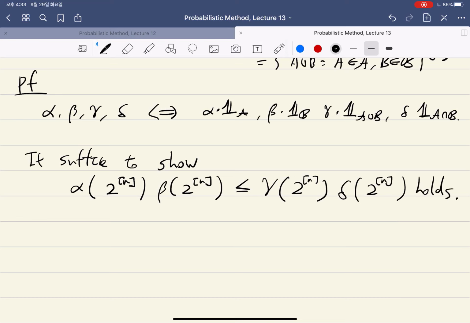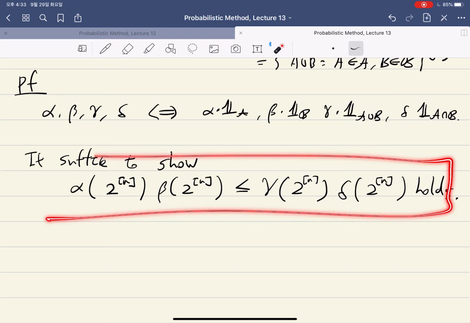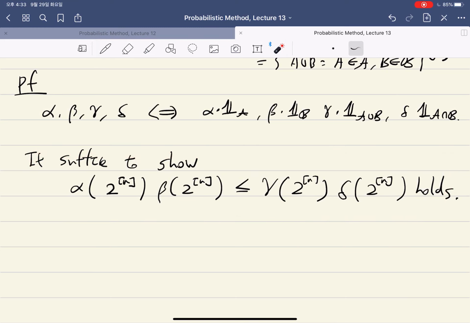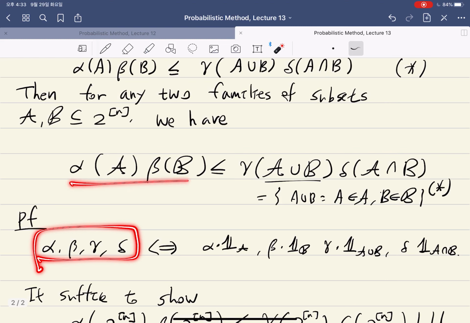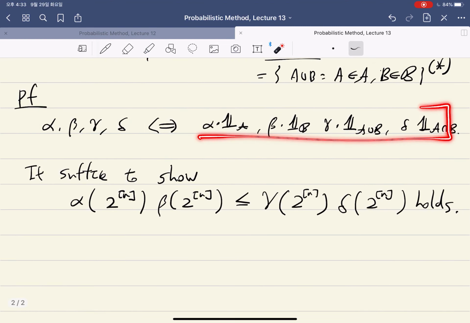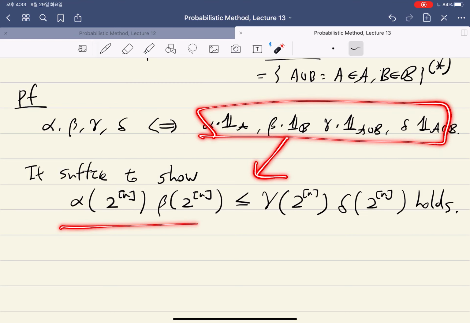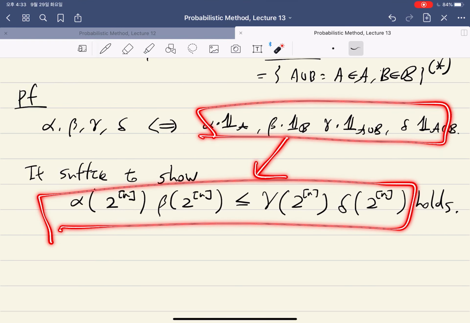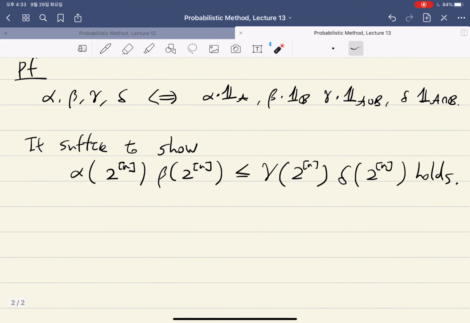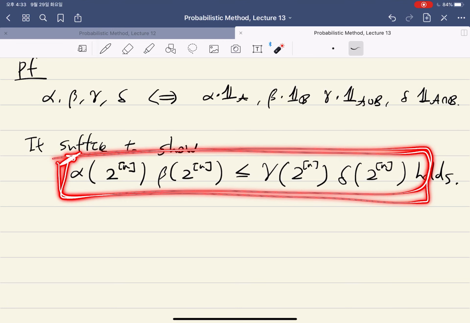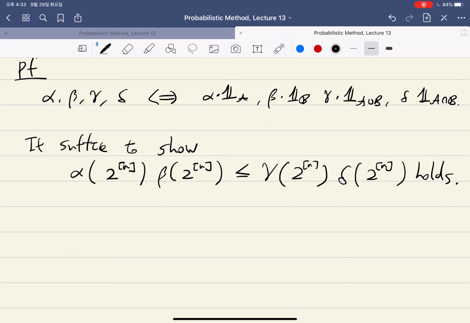If this holds for arbitrary alpha, beta, gamma, delta, then if we want to fix this specific one and prove this, we replace these functions with this instead. And for this, we know this holds. Then we are done. So it is sufficient to only prove this holds for arbitrary alpha, beta, gamma, delta.